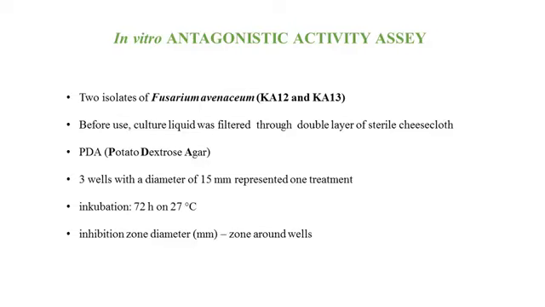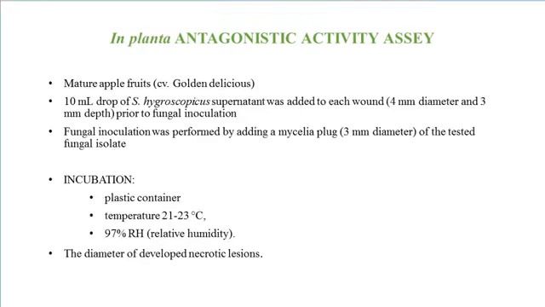In vitro antagonistic activity of the Streptomyces hygroscopicus supernatant against two Fusarium isolates grown on potato dextrose agar was determined every 12 hours of cultivation in the bioreactor, and after incubation at 27 Celsius degrees for 72 hours, we measured the inhibition zone diameter, that is, the zone around wells with no visible mycelial growth.